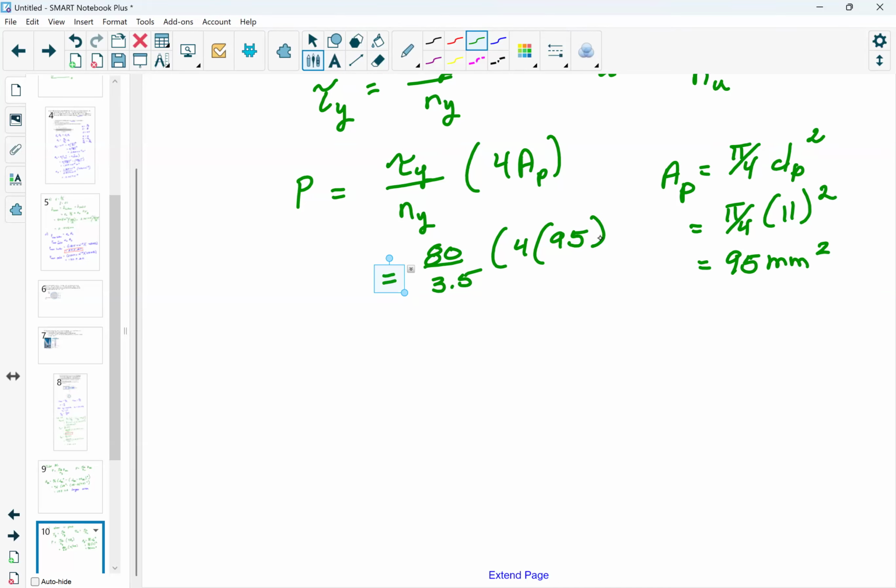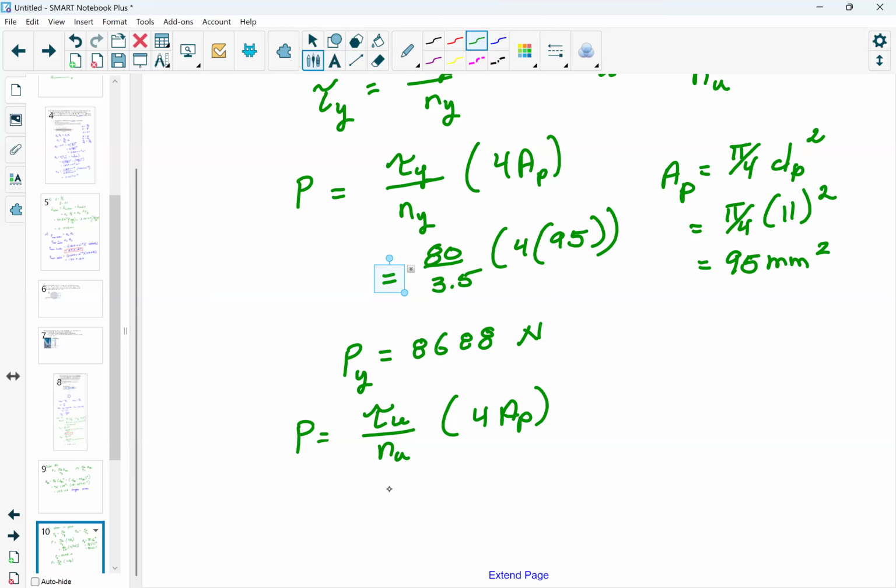And that is going to end up being, well, we'll end up with 2 numbers. One is going to be 86, 88. So that's from the yield stress, and that's in newtons. And then we're going to do the same thing with the ultimate shear. And that one ends up being 11,826.3.